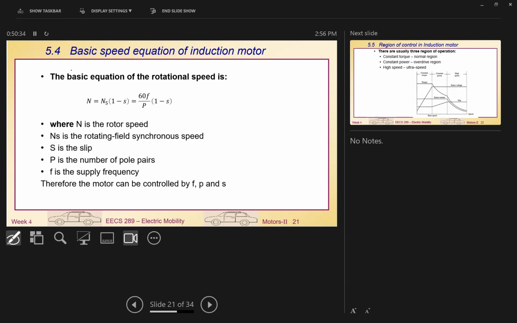But with 4 poles, we can reduce the rotation speed by changing the number of poles. So that means the pole pairs, you can use the P to control that. That's why with 2 poles we get 3,600 RPM, but with 4 poles, divided by 2, we get 1,800. Many industrial drives are based on this method to calculate or determine the motor speed.